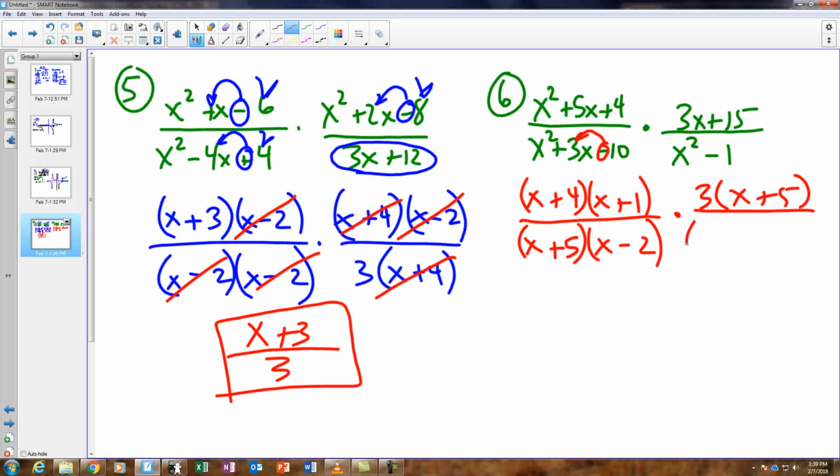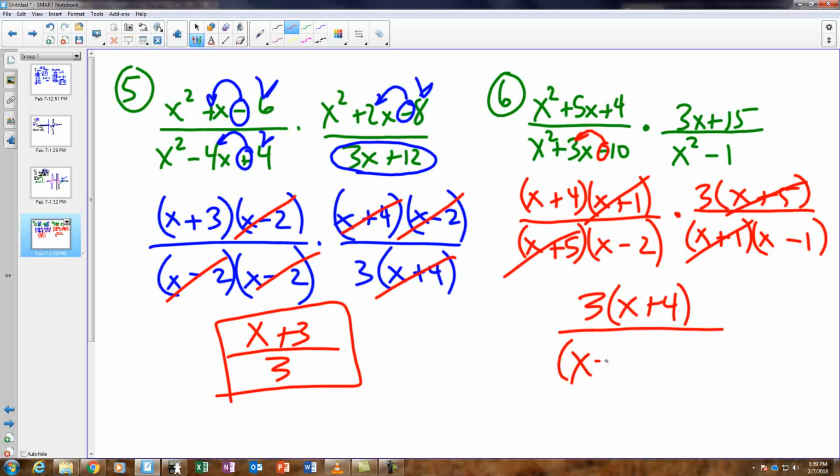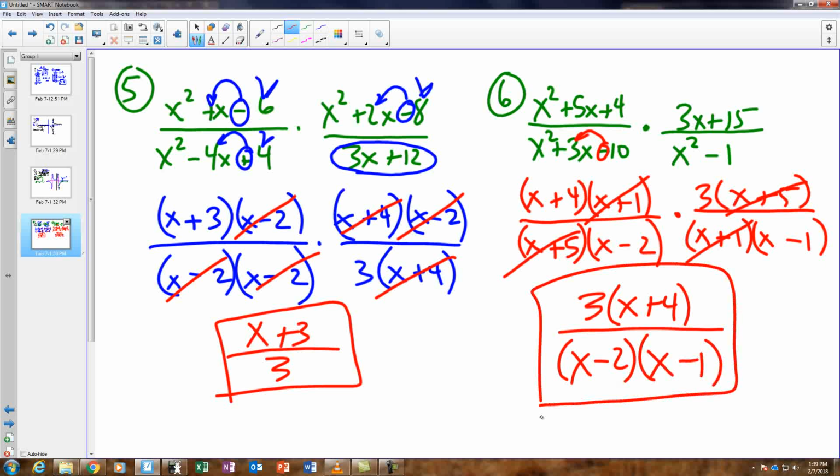And the denominator, that's one of those special factoring patterns I said was so important. You get x plus 1, x minus 1. Now, if I look for common terms, there's an x plus 1 and x plus 1. See an x plus 5 and x plus 5. And I'm stuck, meaning I've got 3 times x plus 4 over x minus 2 times x minus 1. And we are done.